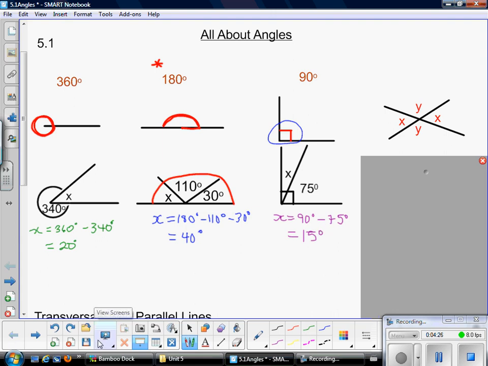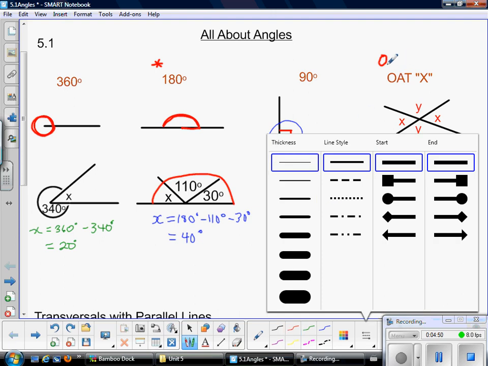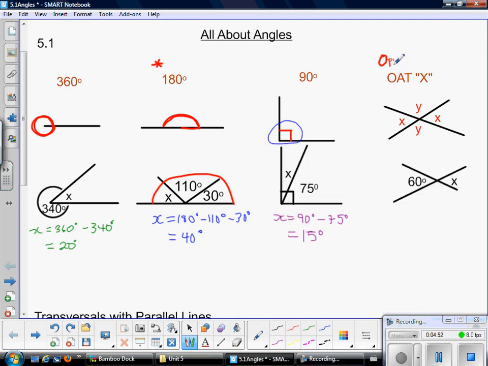And the last angle property we use special language for it, and it's called OAT, which stands for opposite angle theorem. It's an actual theorem, or sometimes we refer to it as the X pattern. I'm just going to write down what that stands for: opposite angle theorem.